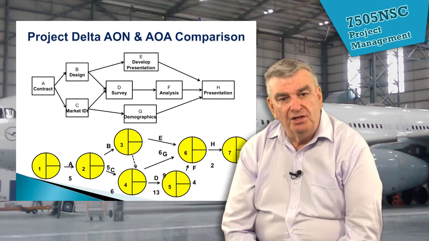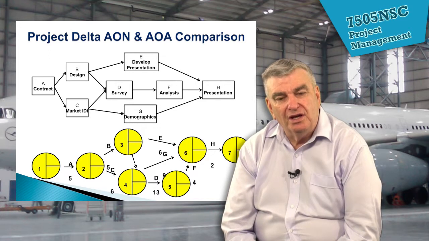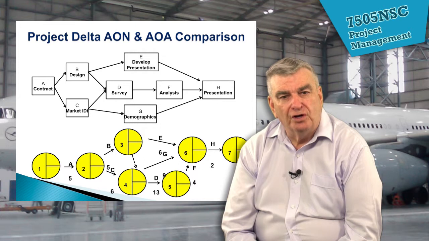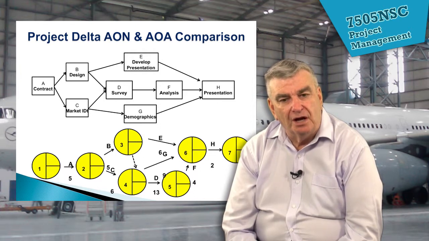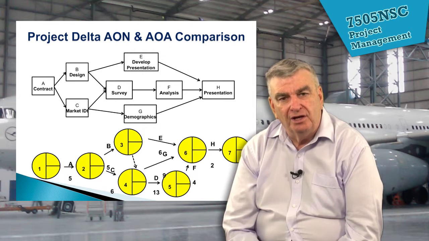At the bottom, we see the activity on arrow shown. And we see that once we get into parallel activities with bursts and merges, we get into difficulties trying to do the same things. So the dotted line represents the dummy activities, and we'll be showing how these are used as part of the alternate ways of depicting a network.